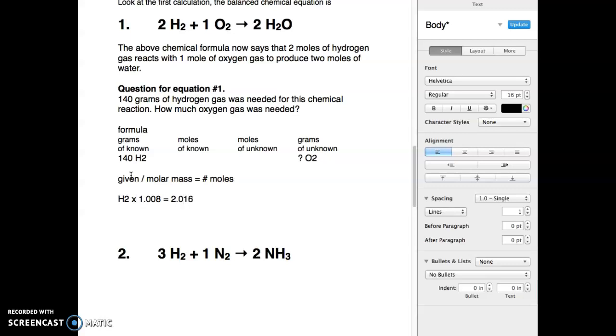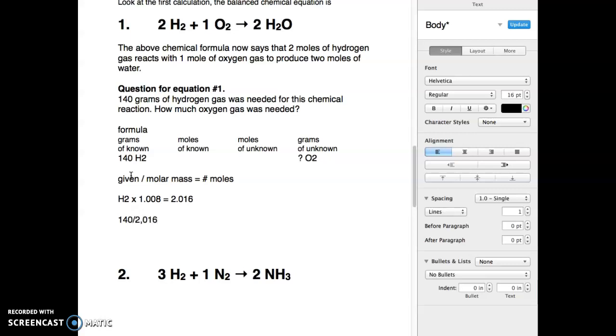So you take the 140, the given, divide that by the molar mass, 2.016, and 140 divided by 2.016 comes up to 69.444444. I always want you to round as you go, so we'll all have the same answers. 69.444. Round it there. Don't keep it in your calculator and keep doing this.